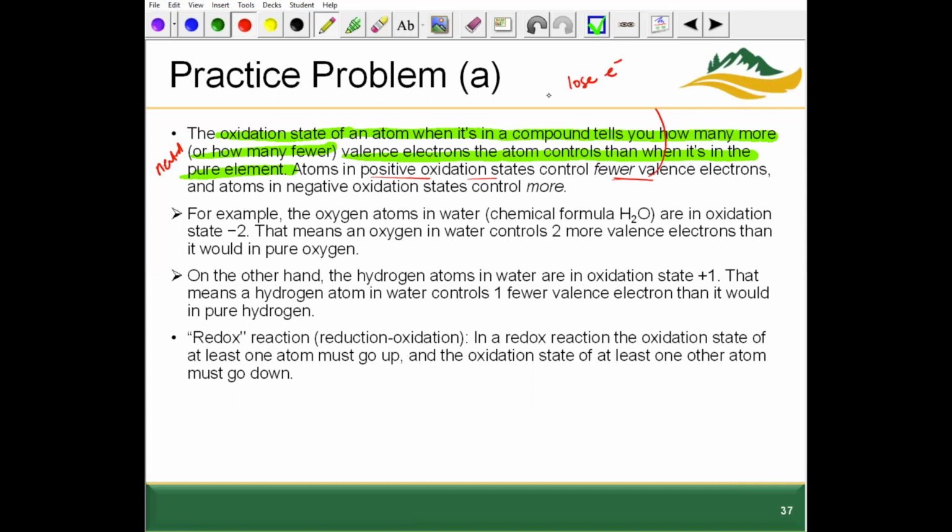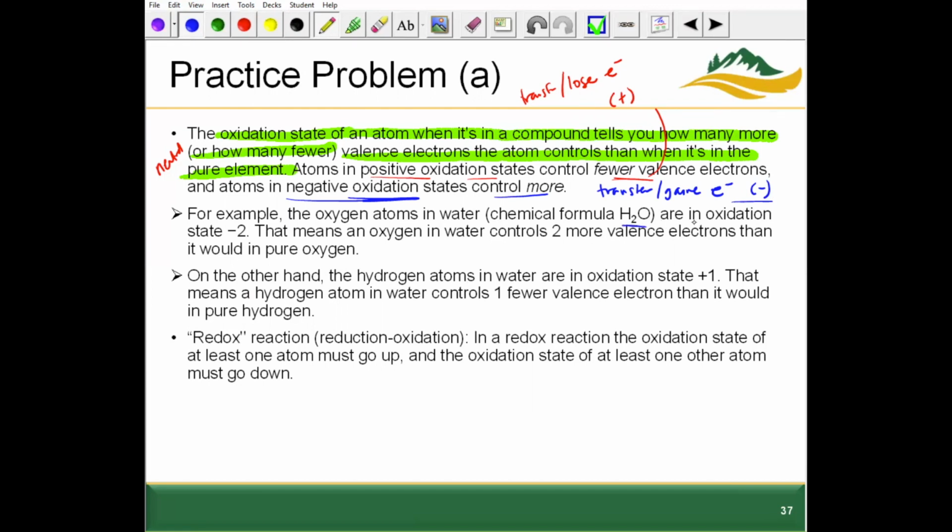So losing or transferring electrons leads to a positive charge like we saw for the cations. Atoms with a negative oxidation number have more electrons. So if there's a transfer or a gain of negatively charged electrons, we're going to have a negative oxidation number, similar to what we saw for anions.